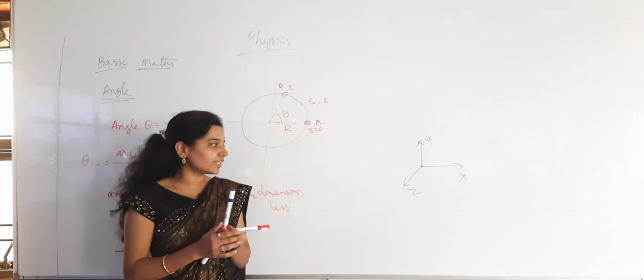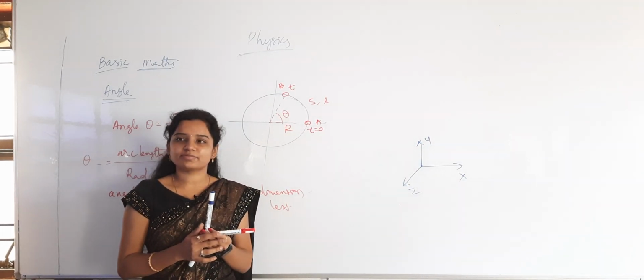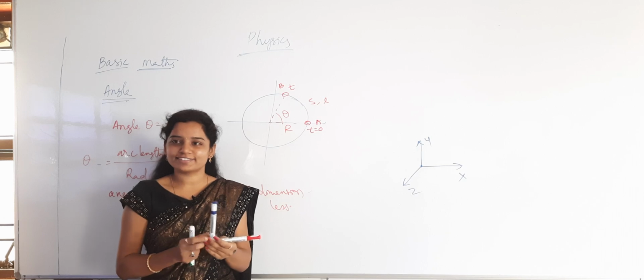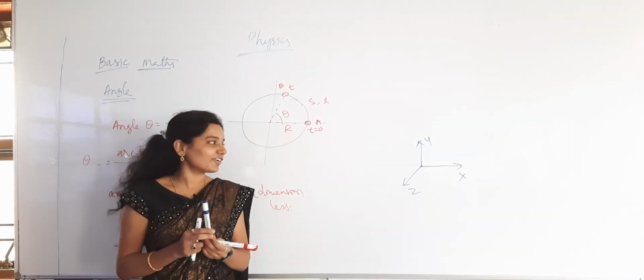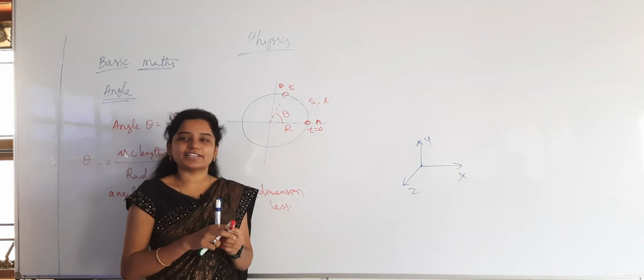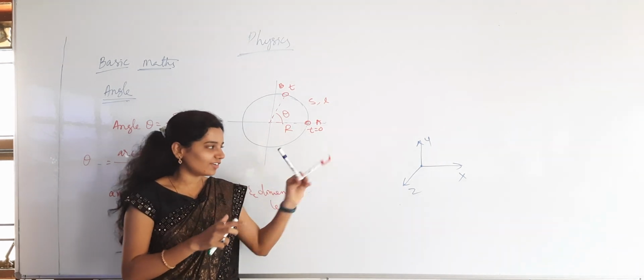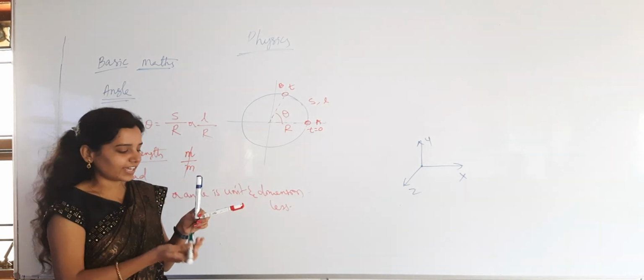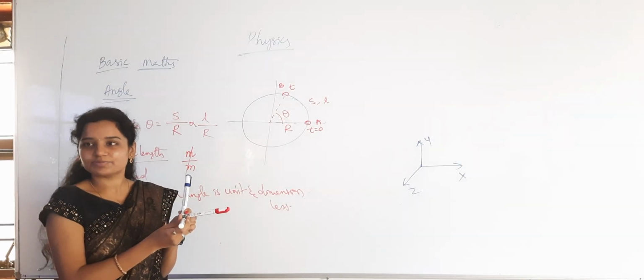What is the angle between x and z? 180 degrees. 120 degrees. Why 120 only? It cannot be 145. So that is not the correct representation actually. That is wrong, the diagram is wrong. This is the x axis, this is the y axis, this is the z axis in reality.